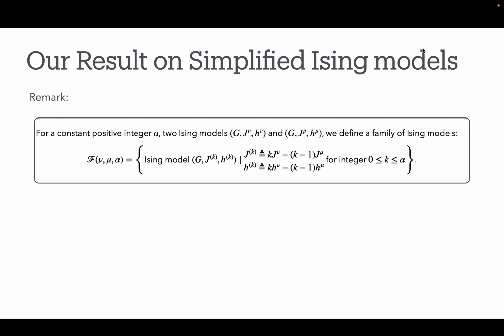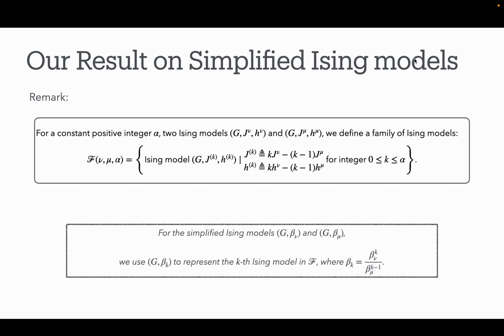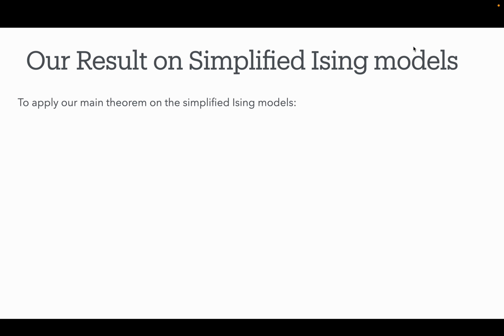We remark that for our definition of the family of Ising models on the simplified Ising models, we can describe the k-th Ising model in our family as (G, beta_k), where beta_k is beta nu to the power of k divided by beta mu to the power of (k minus 1). To apply our main theorem on the simplified Ising models, we have two cases.